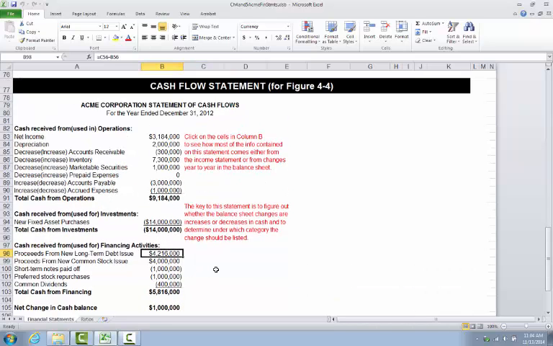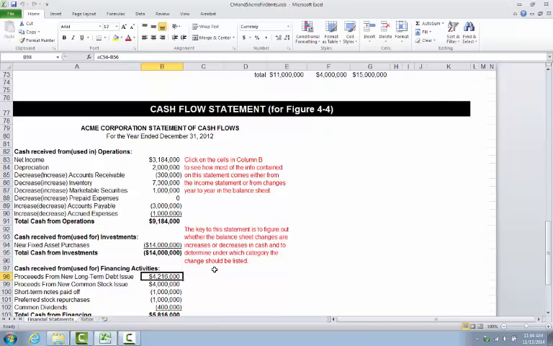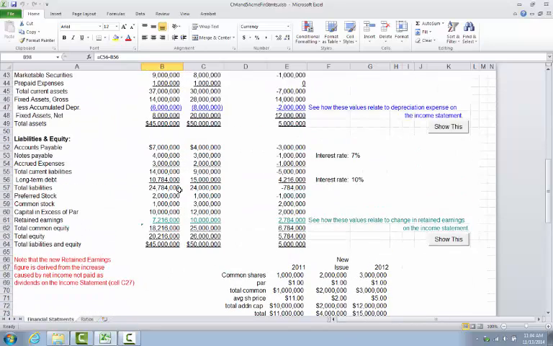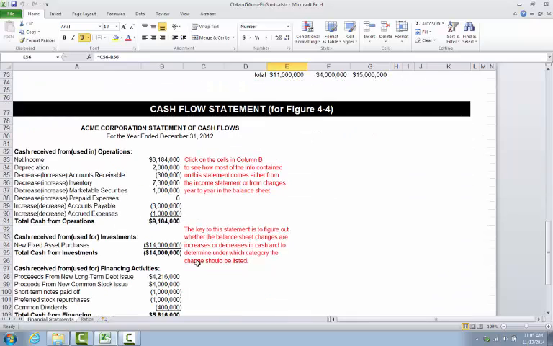Now, if you issue new bonds, you're doing it in order to raise new capital, raise new cash. So we can see that this company went from $10,784,000 to $15 million. So it issued $4,216,000 worth of new long-term debt. That brought in that amount of cash.